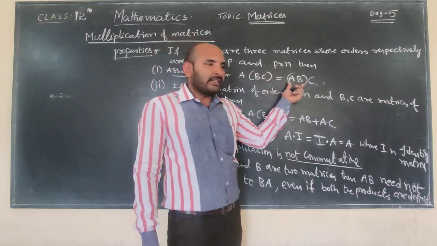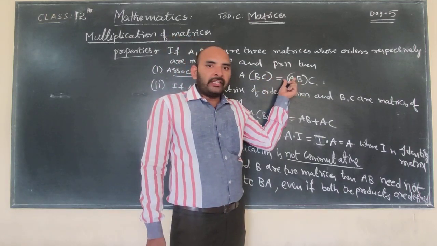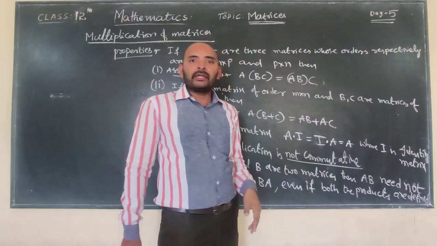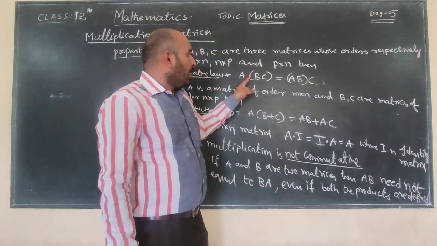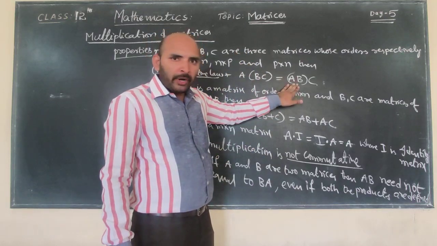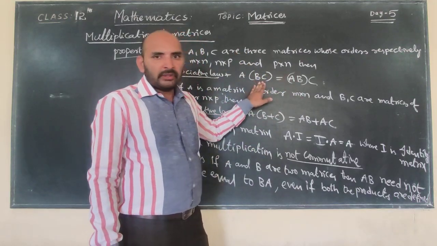It is equal to, again, first find the AB matrix, you will get one matrix. That matrix multiplied with the third matrix, definitely you will get another matrix. Remember, both products must exist. The AB product and the BC product must exist.